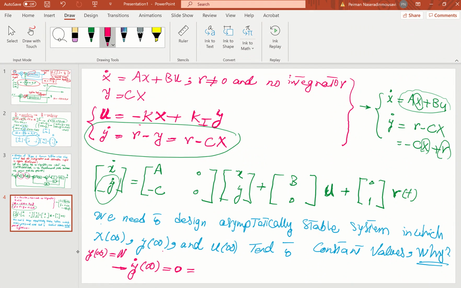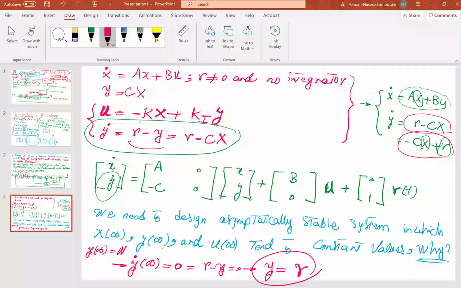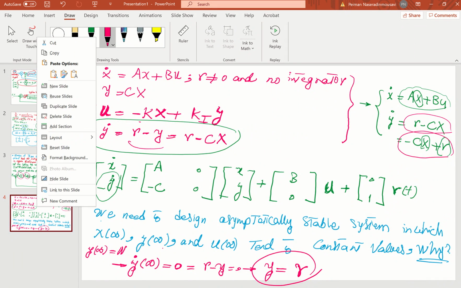What is zeta dot? It is r minus y. So that is going to be 0, so the output finally goes to the desired input. Understand? That's why we want the values of x, zeta and u to tend to constants.